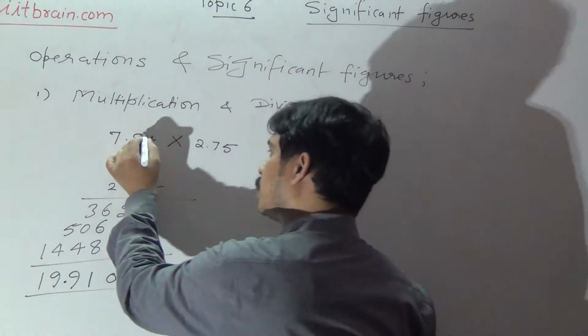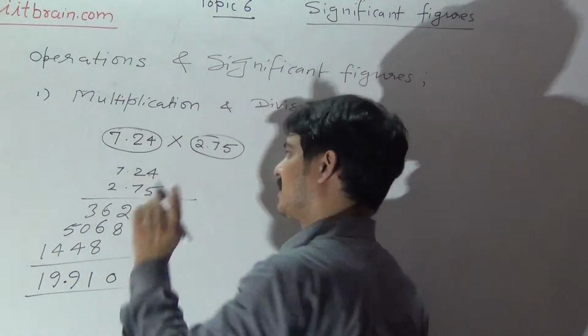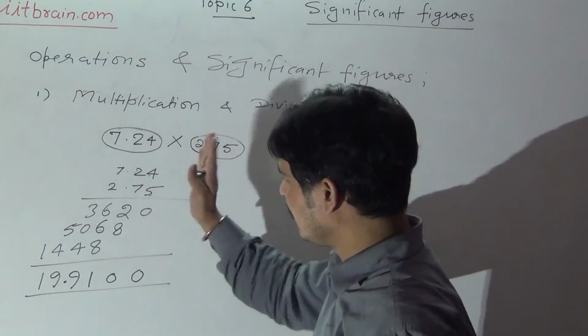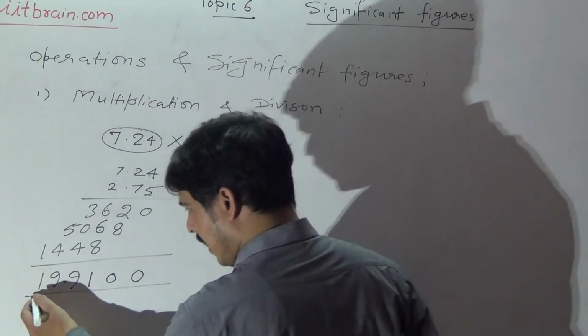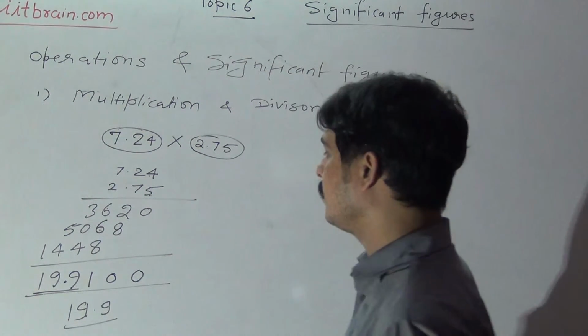But the two numbers given, which we have to multiply, contain only 3 significant figures each. So the answer will be valid up to only 3 places. It is 19.9. The product will be 19.9.